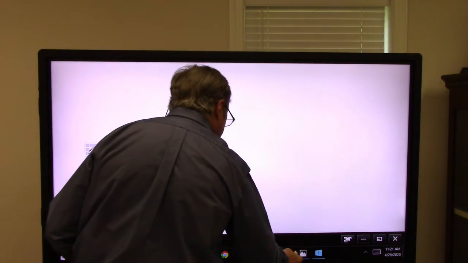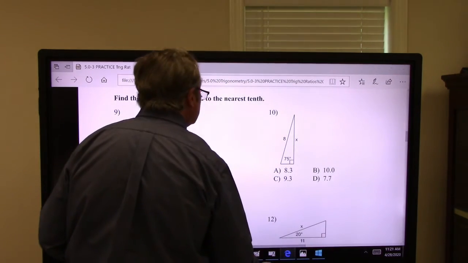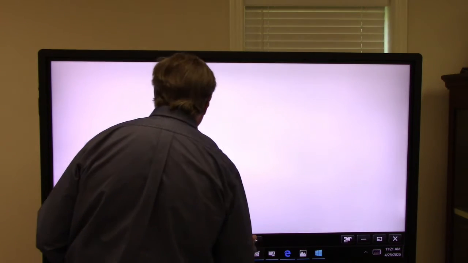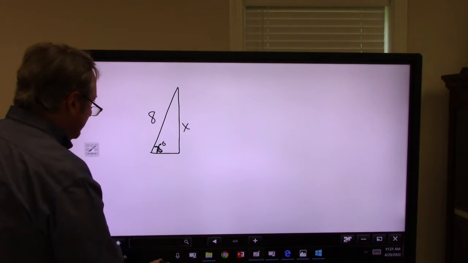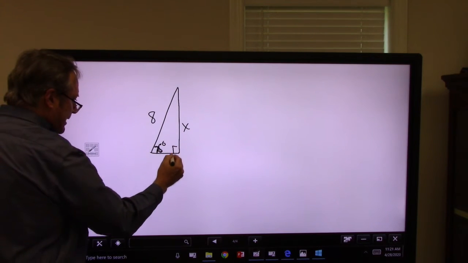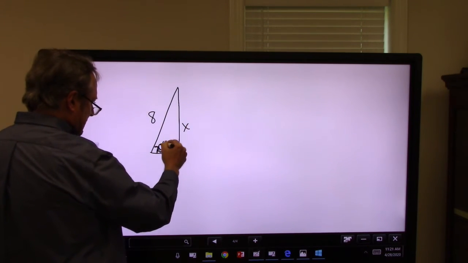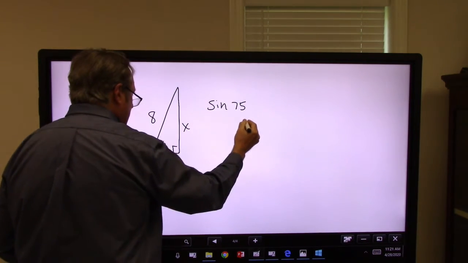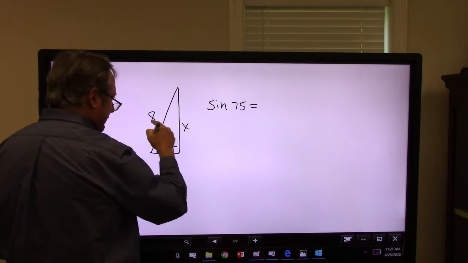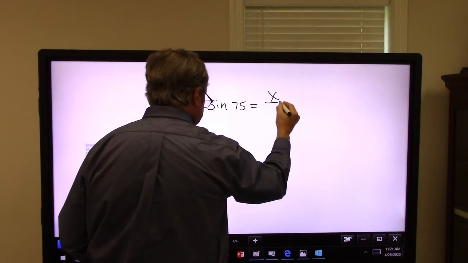So to find the length of that side, I'm going to do sine of 75 degrees is equal to the opposite over the hypotenuse.